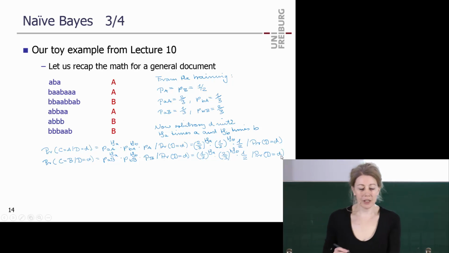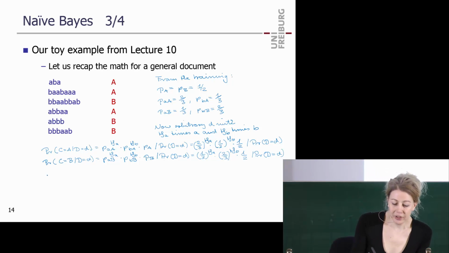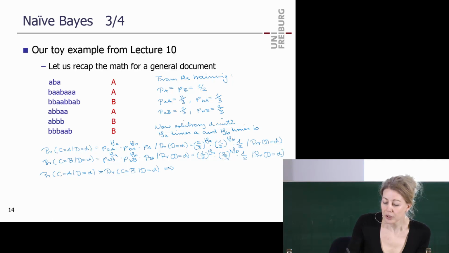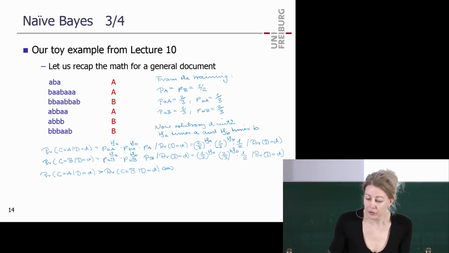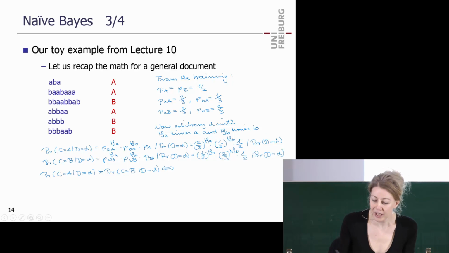Okay, and now let's just ask ourselves, when do we predict A? Well, when the probability that C equals A is greater than the other probability. Well, that's easy now. And actually this 1/2 is the same and this is the same.